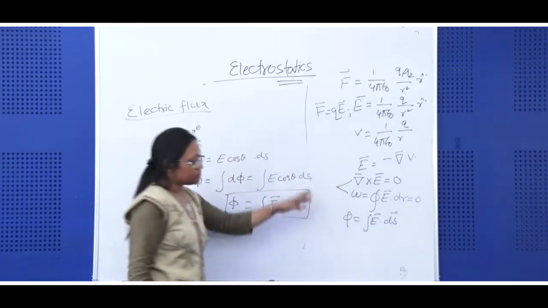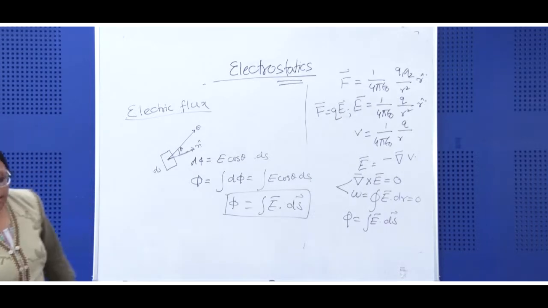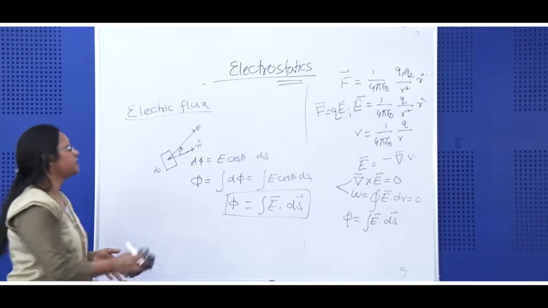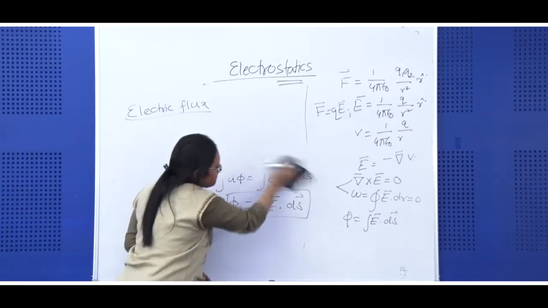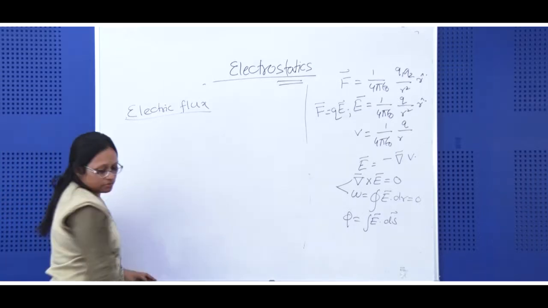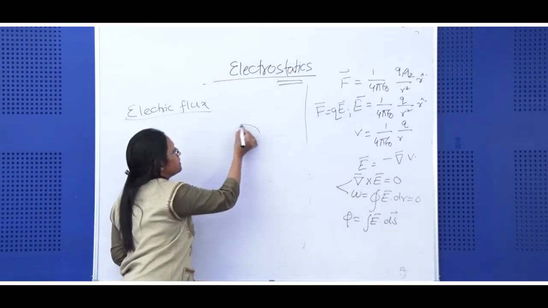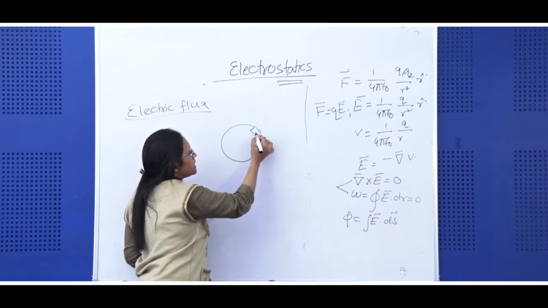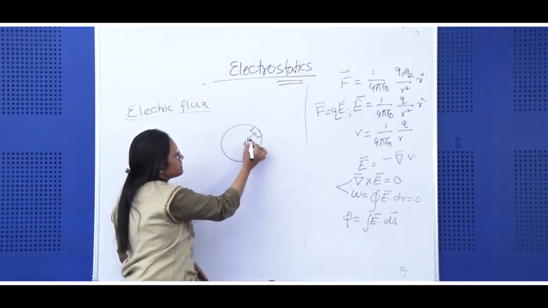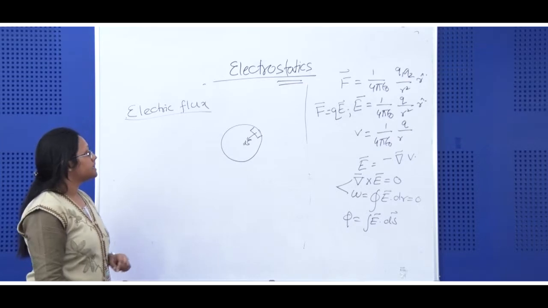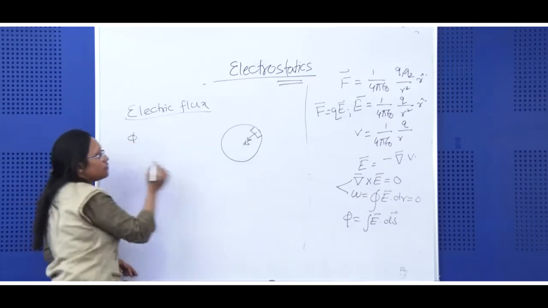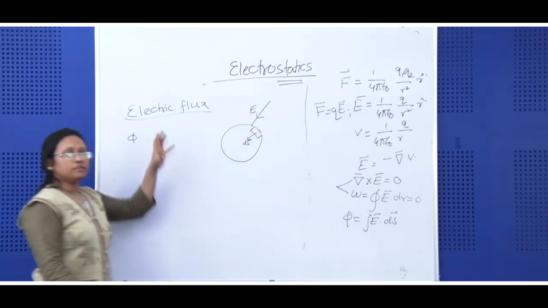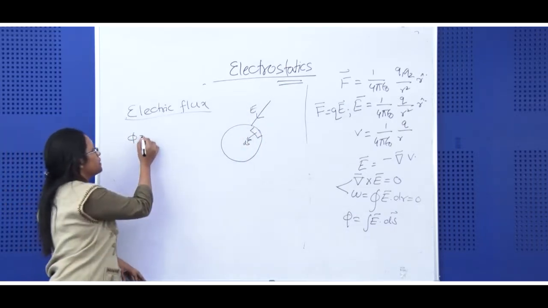Now, using Coulomb's law, we will see what the value of this flux is and how this result leads to Gauss's law in electrostatics. So phi is equal to, we are taking a sphere where we have taken a small surface area dS. If an electric field is coming towards this sphere, what will be the flux?